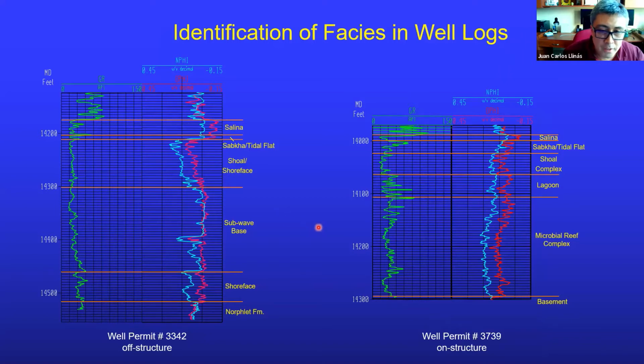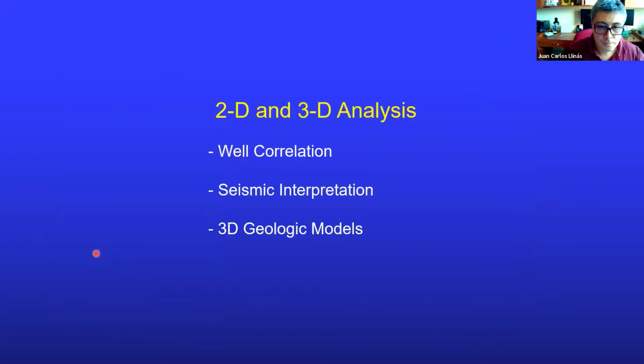But what is interesting here is that the section on the eastern side of the structure, very close to the crest, has the presence of microbial reefs. Well, this well, located in an off-structure location, there's an absence of this microbial reef. You will see now why that is.